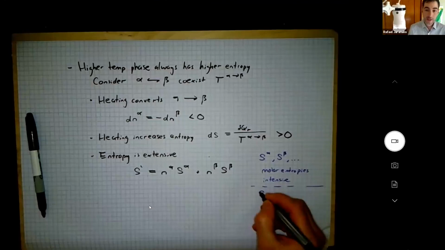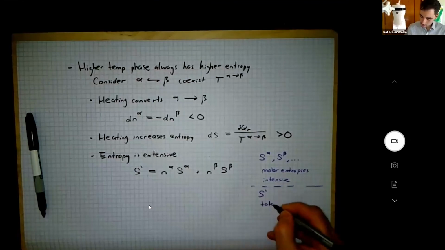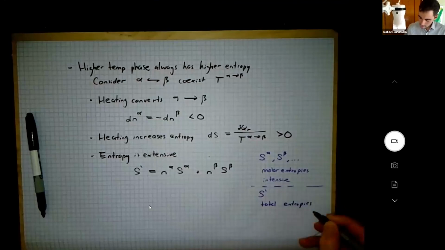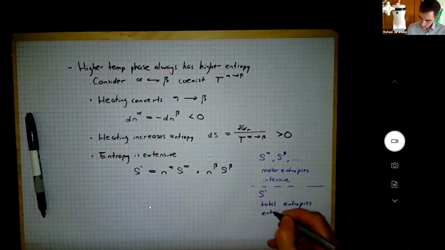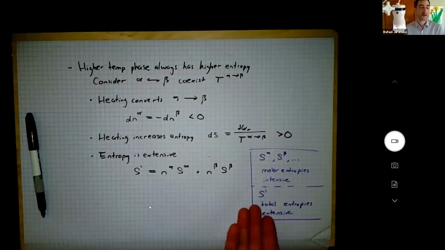Quantities with a dash are total entropies and are extensive. Okay, so we're going to use that from here on out. Previously in the class, I think it would have been more confusing than worth it to introduce this notation. But from this point forward, it becomes worth it.